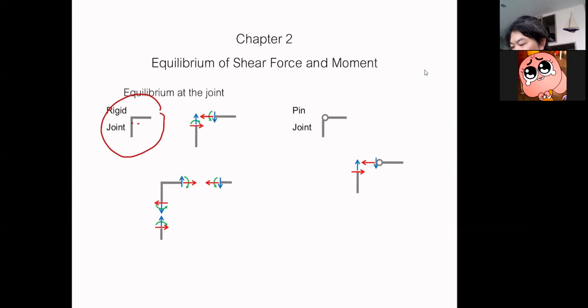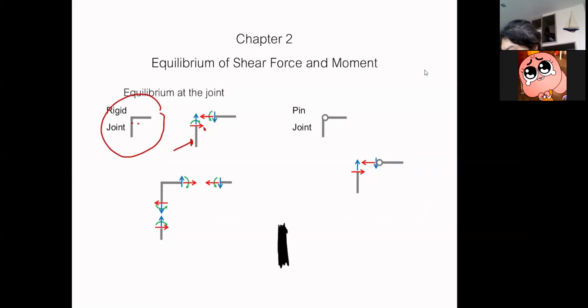So if I look at this member, you can be easily confused by the direction, so it's time to start focusing very, very seriously. Okay. Now you can see this red force. Now I should try to draw something alongside this one. Okay. Now let's say I have this member.